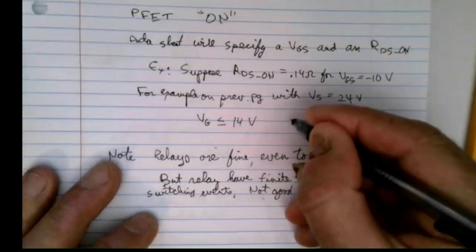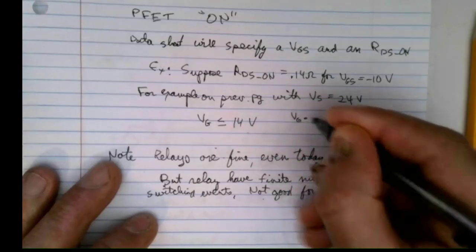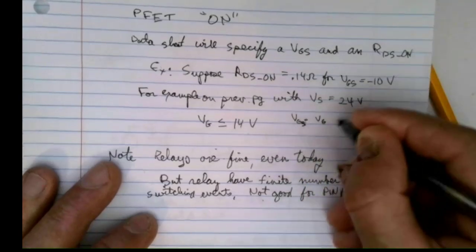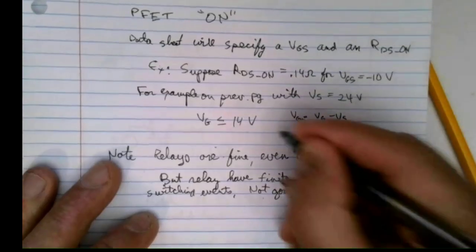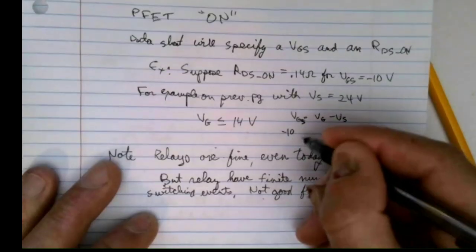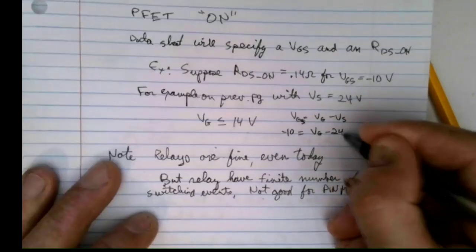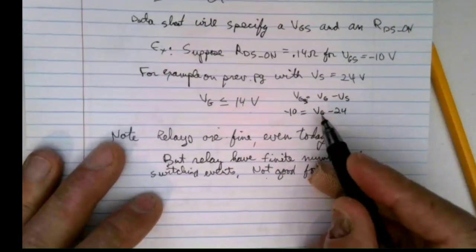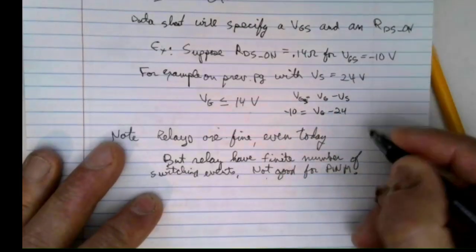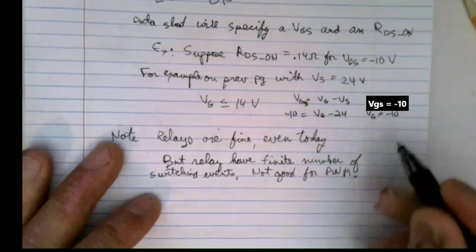VGS is equal to VG minus VS. So if minus 10, that's the VGS requirement by the manufacturer, is equal to VG minus 24, I think you can see that if VG is 14, 14 minus 24 is minus 10.